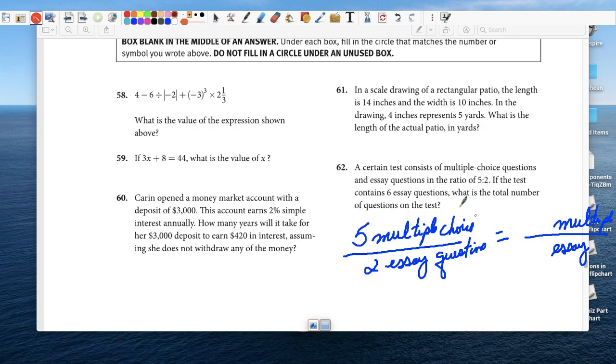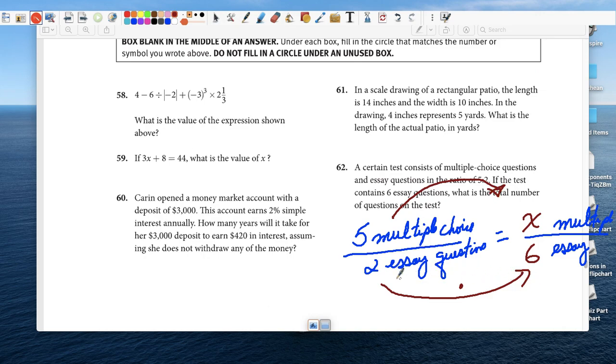So I have 2 values here, and the test has 6 essay questions, how many multiple choice? You can cross multiply here, and I'll replace that question mark with x, or simply find the number that I can multiply 2 by to get 6, because it's going to be the same thing on top. Or like I said, you can cross multiply.